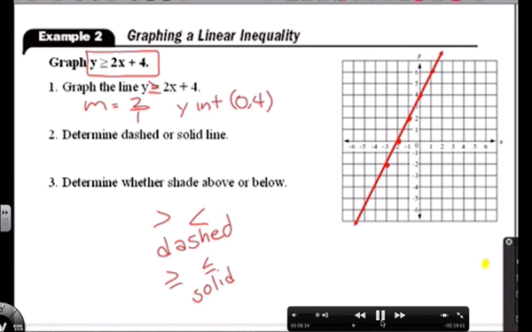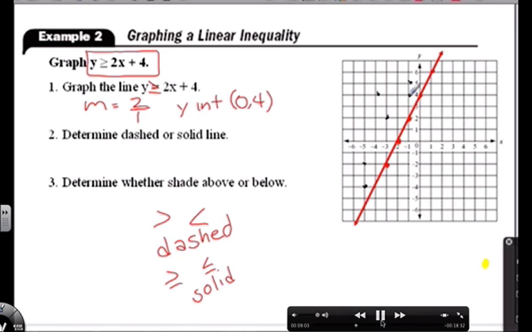I could pick out any point here that's above the line, any point that's on this side of the line, and if I plugged in the x and the y, it would make a true statement. Just to prove it to you, I know you trust me, but just to prove it to you, let's pick a point.